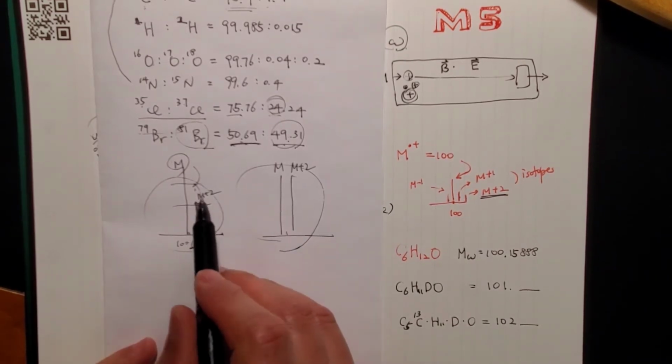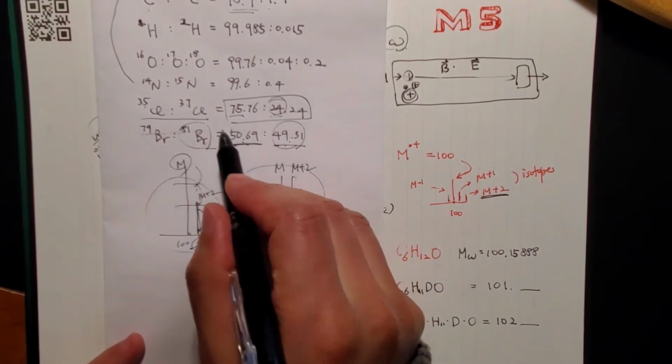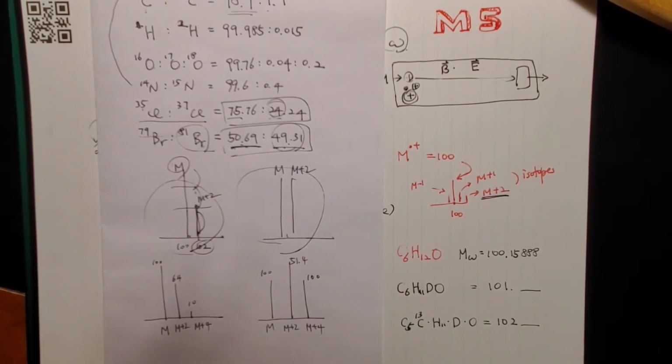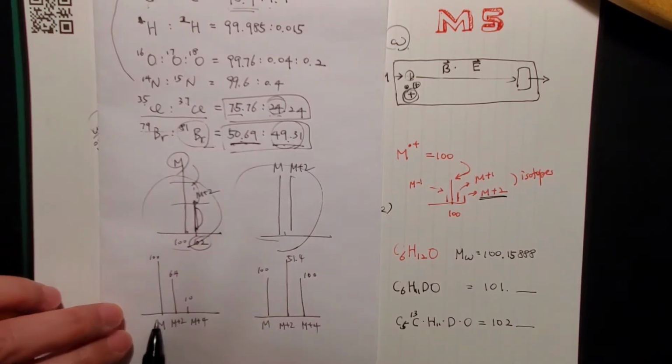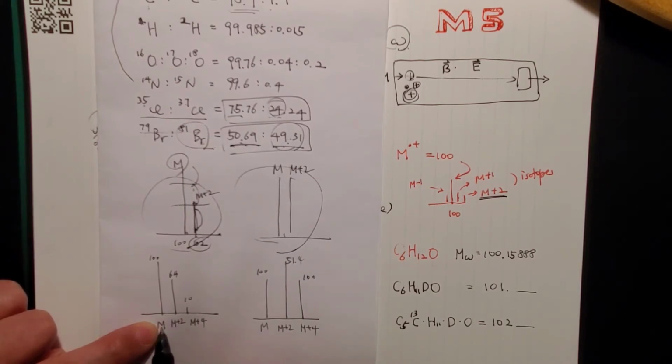And if you have more than one, you can think of having M+4, right? Because you have one more, and you can calculate the chances, I mean the intensity of the peaks. It is fun if you try figuring out these numbers, but I did it quickly. When you have two chlorines, all chlorine 35s, two of them, that's the molecular peak.